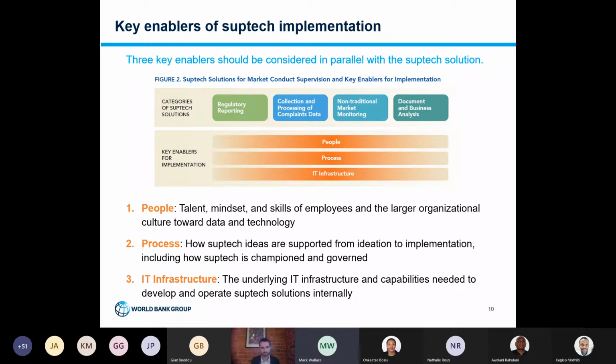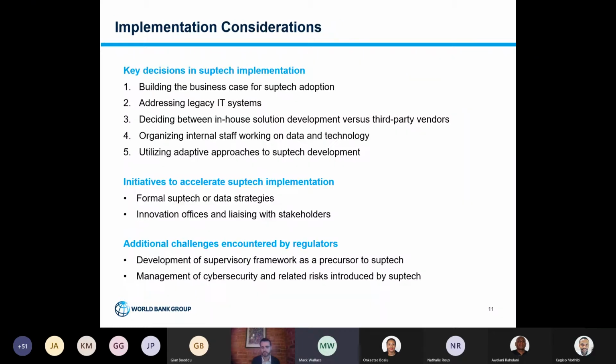And then my last point, and again, things for you all to consider today: as supervisors, we've researched and encountered a number of implementation considerations and questions as they implemented Suptech solutions. So for both supervisors and the financial services providers, it's important to anticipate common implementation considerations, such as key decisions around addressing legacy IT.